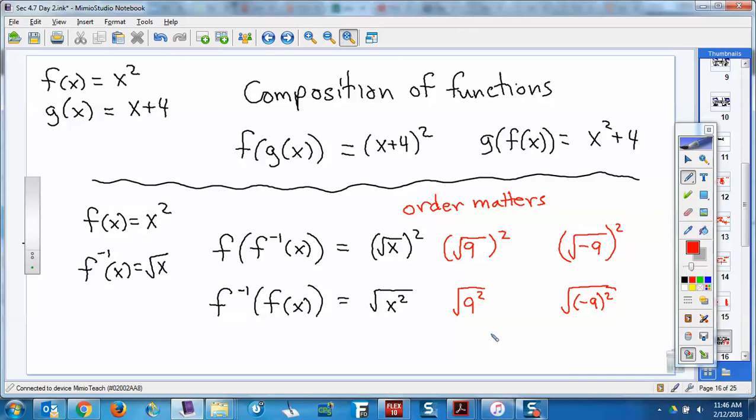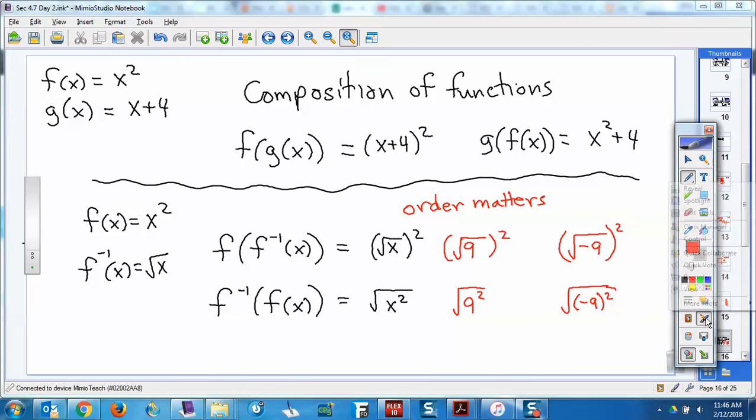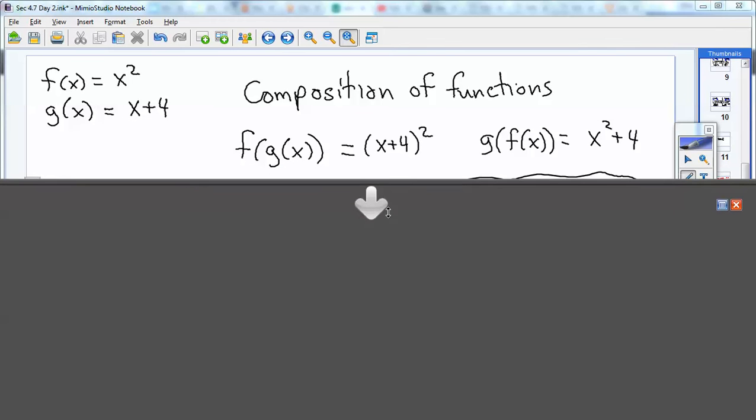Okay? So, above the line here, I've just given the example of a couple of basic functions. So I've got an x squared and an x plus 4. So that's my f and g functions. If we do f of g of x, what does that mean?